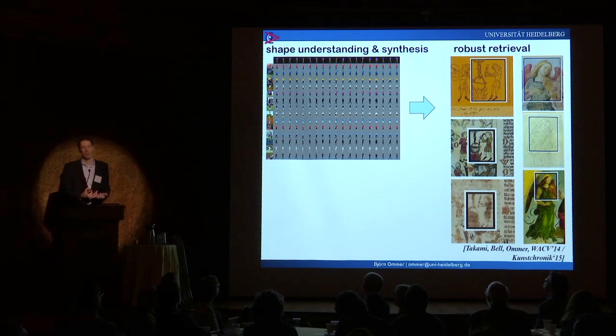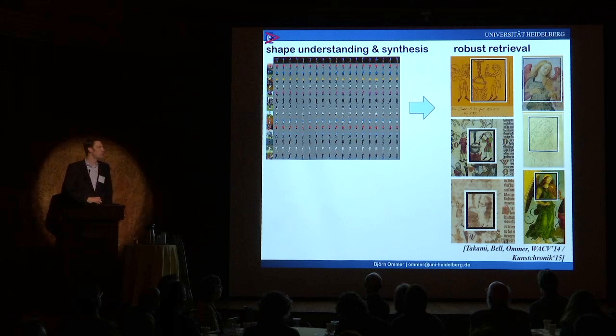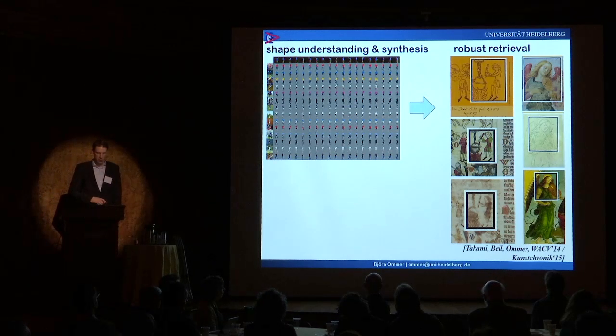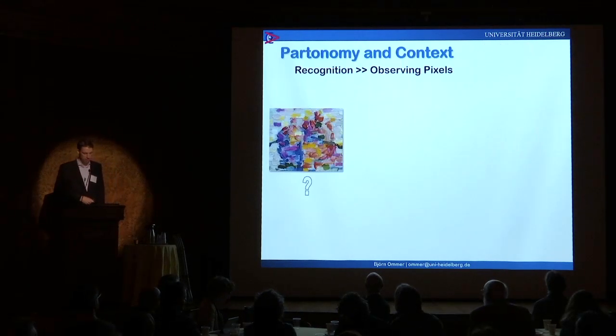And what that enables us is to go across different techniques for painting, to search across different receptions, for instance, of the same piece of art, maybe even across different media, and have a robust retrieval tool which can then search really for the content of the scene.